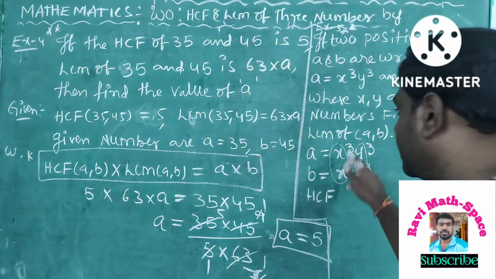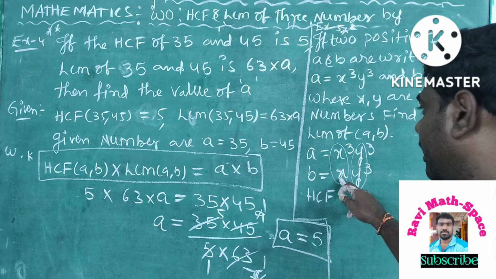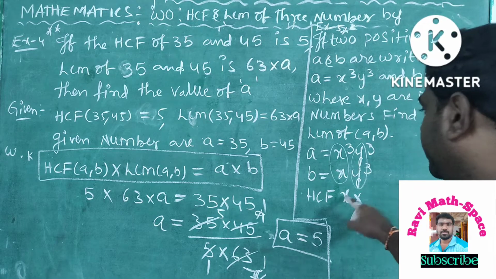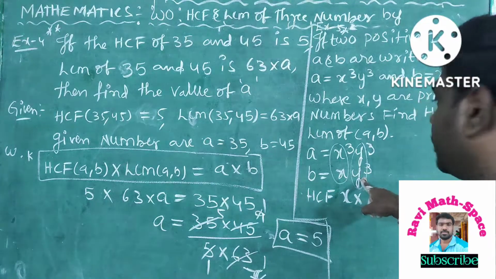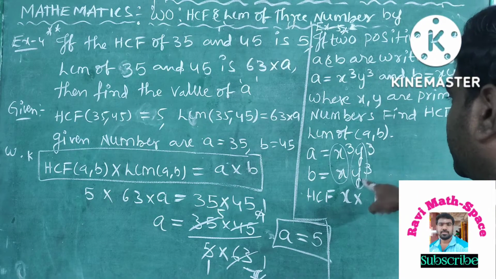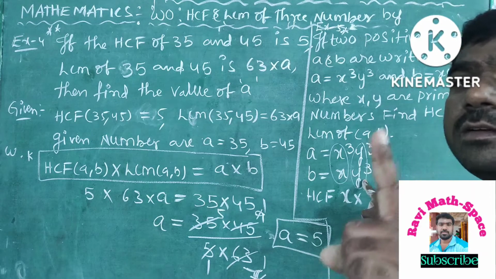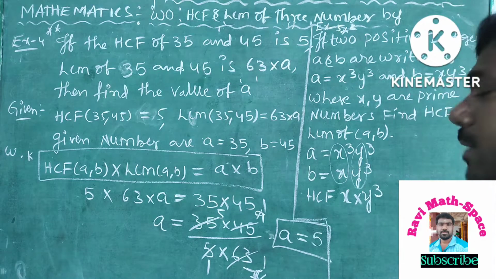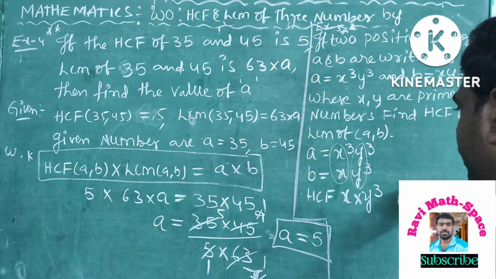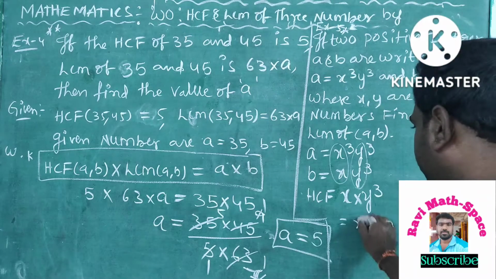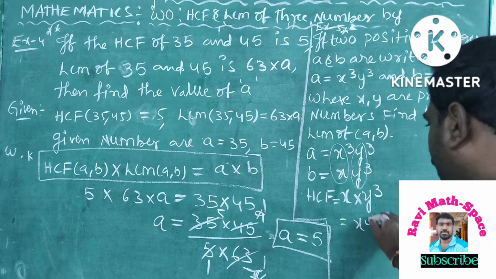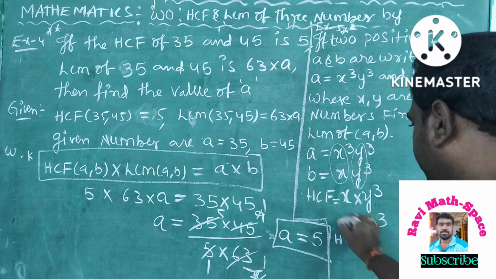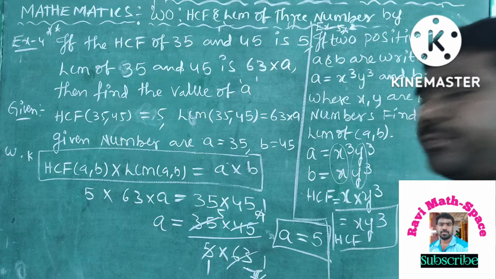Now for x, what is the smallest power here? That's why I am writing smallest power. Next, what about the y terms? The smallest power is the same in both, so consider one. That is y cube. Now if I multiply, we get x y cube. This is the HCF.